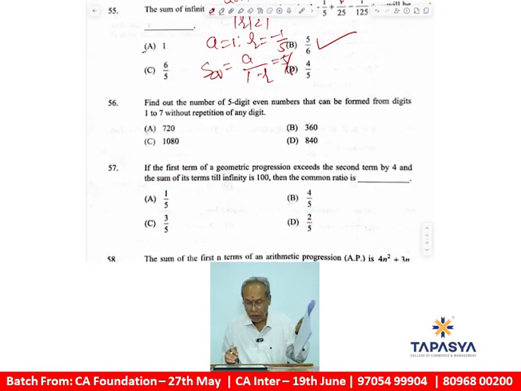Right. Find the number of 5-digit even numbers that can be formed from the digits 1 to 7 without repetition of any digits.